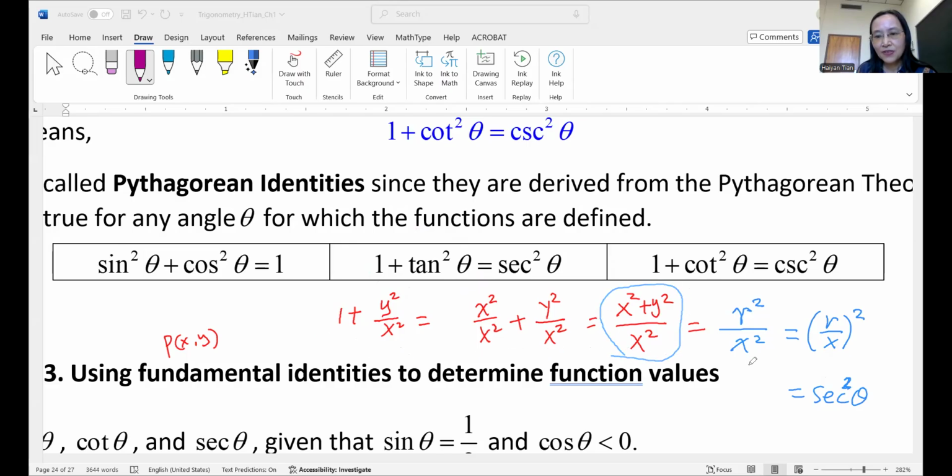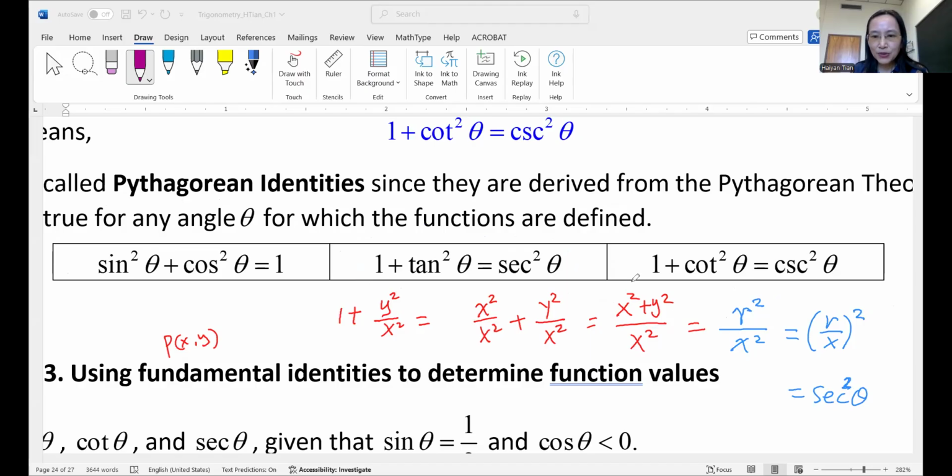And then finally we arrived at the right-hand side. So we proved another identity by using the Pythagorean theorem. So this is another identity, also a Pythagorean identity.